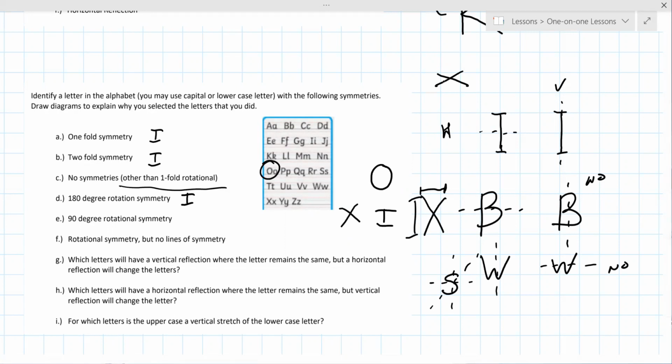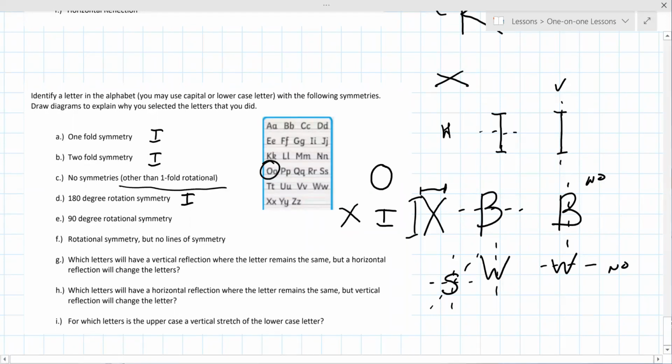X. Okay, and then rotational symmetry, but no lines of symmetry. Yeah, that means you've got to rotate it like 180 degrees and get back to where you started.